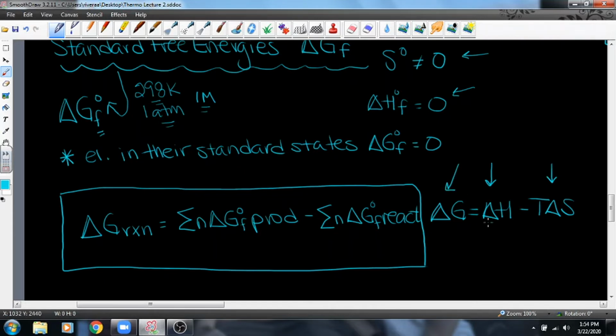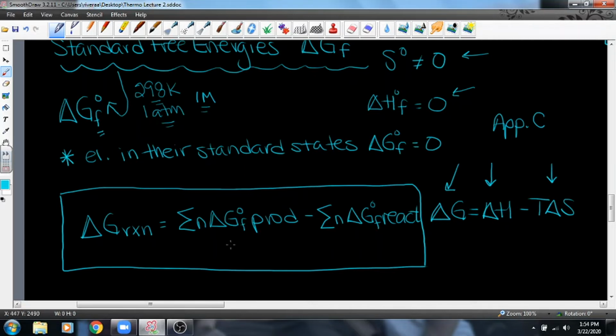So if they don't give you the actual heat of the reaction or the entropy change of the reaction, you might have to go back to Appendix C. And I think I did assign a problem like this just for fun, where you have to go back to Appendix C and do heats of formation of the products minus the reactants to get delta H, do the same thing for delta S, and then plug those two values in to predict delta G.